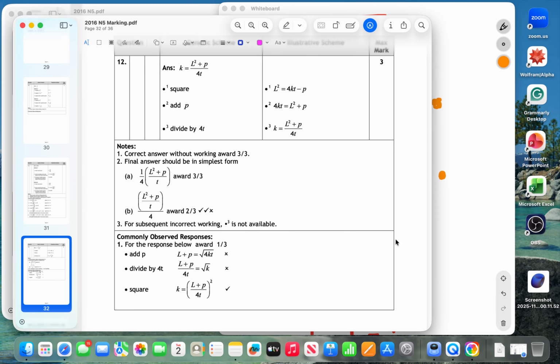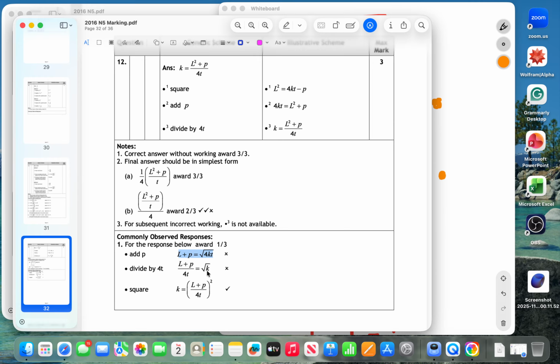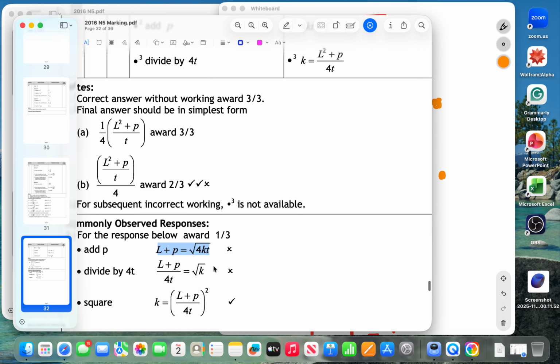And then dividing by 4t makes no sense, because you can't divide by 4t to get from this, which I've highlighted, to that, because the 4t is in the square root, so you have to get it out of the square root first.